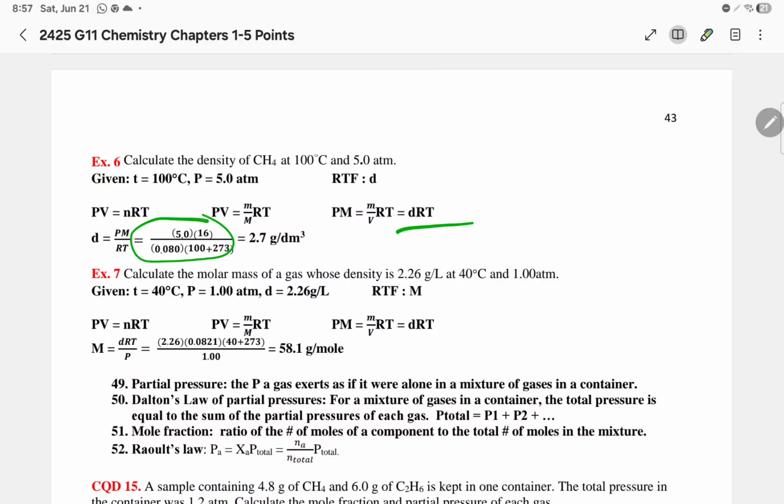Now, calculate the molar mass of the gas whose density is this at 40 degrees Celsius and 1 atmosphere. They gave us density, temperature, and pressure. PM equals dRT, so M equals dRT over P. Substitute all the values, they're all given in the question.